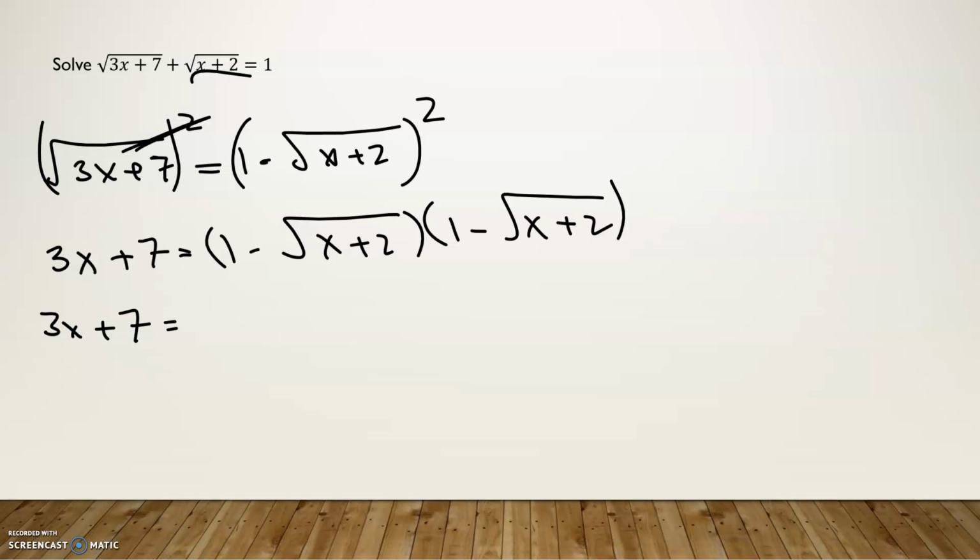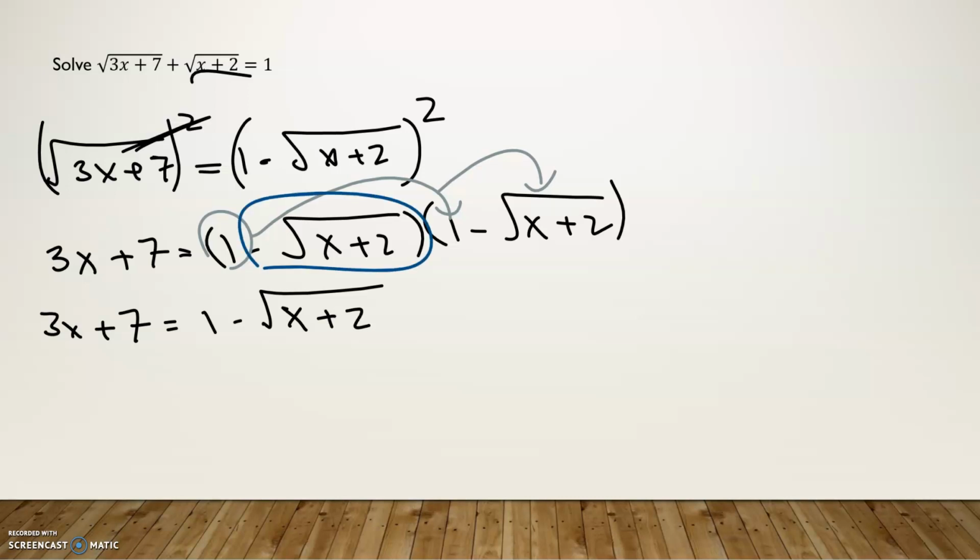Now I'm going to take 1 and multiply it times 1 and times this negative square root of x plus 2. I get 1 times 1 is 1. 1 times the negative square root of x plus 2 is itself. Then take this negative square root of x plus 2, multiply it times a 1, and multiply it times the negative square root of x plus 2.